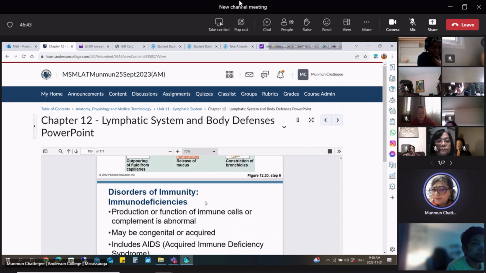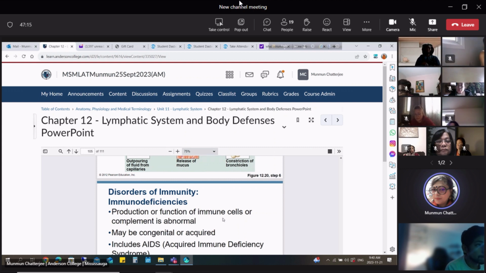Now, what do you mean by immunodeficiency? When the production or function of any immune cells or complement is abnormal. It's not working properly. It cannot attack the antigen, either because of very low concentration or defective production, or the structures are different.